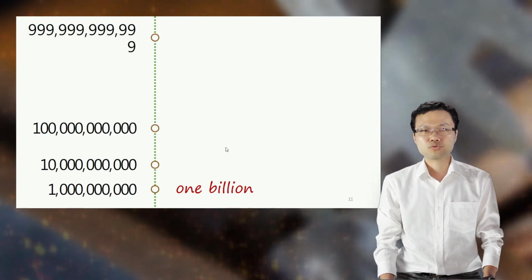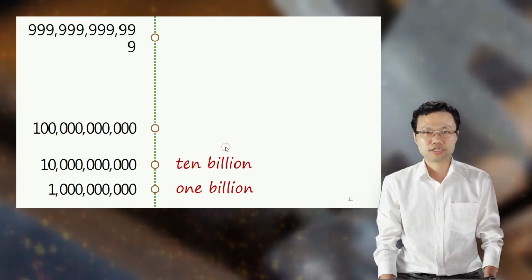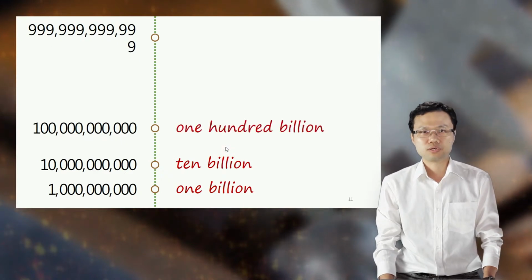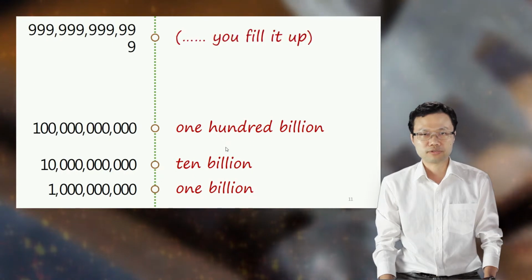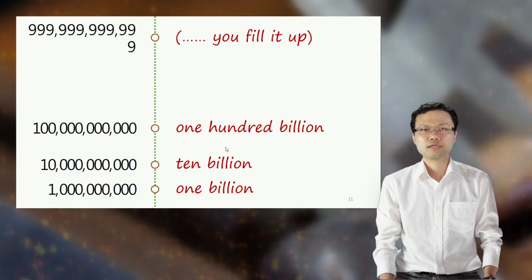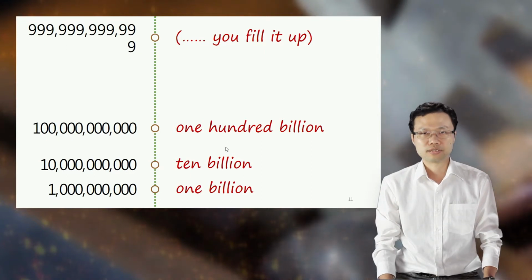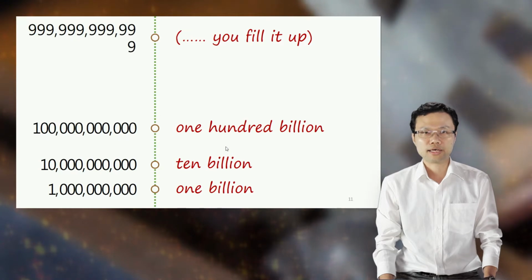Numbers of 10 to 12 digits are counted by billion, from 1 billion to 10 billion to 100 billion up to 999,999,999,999.